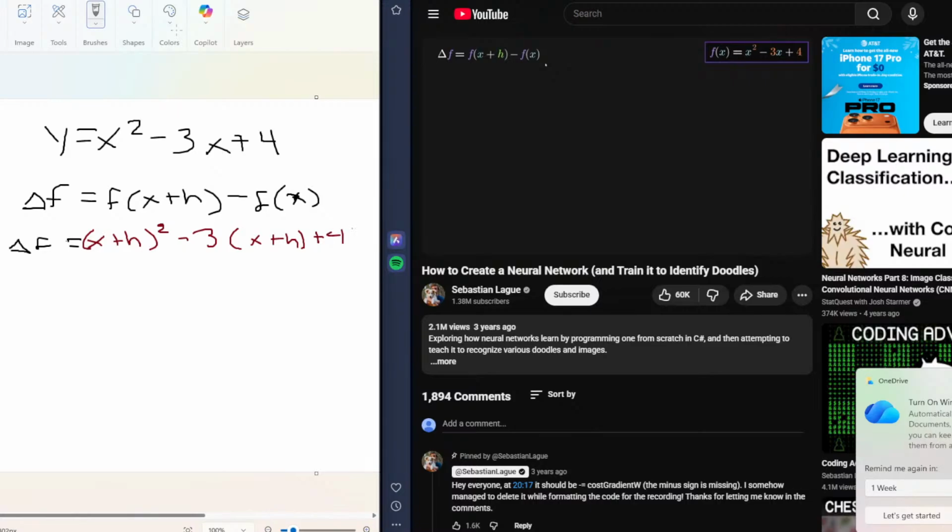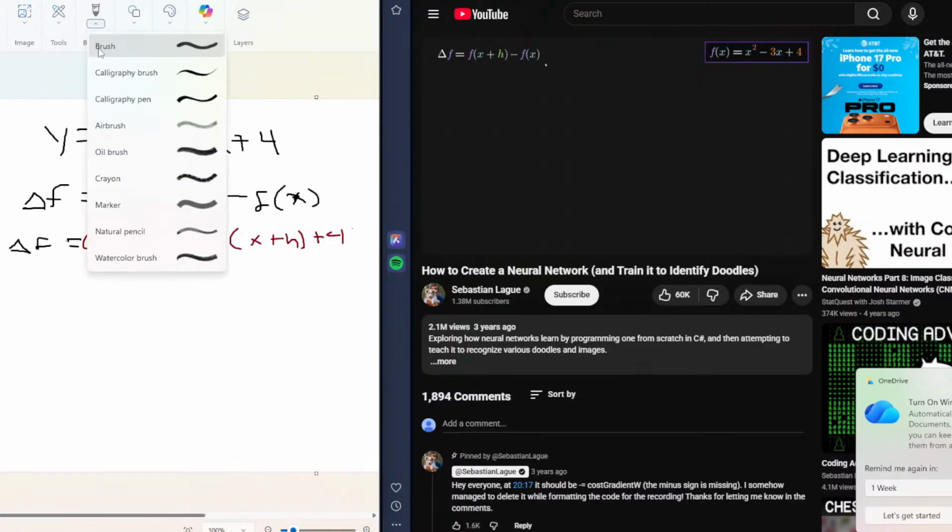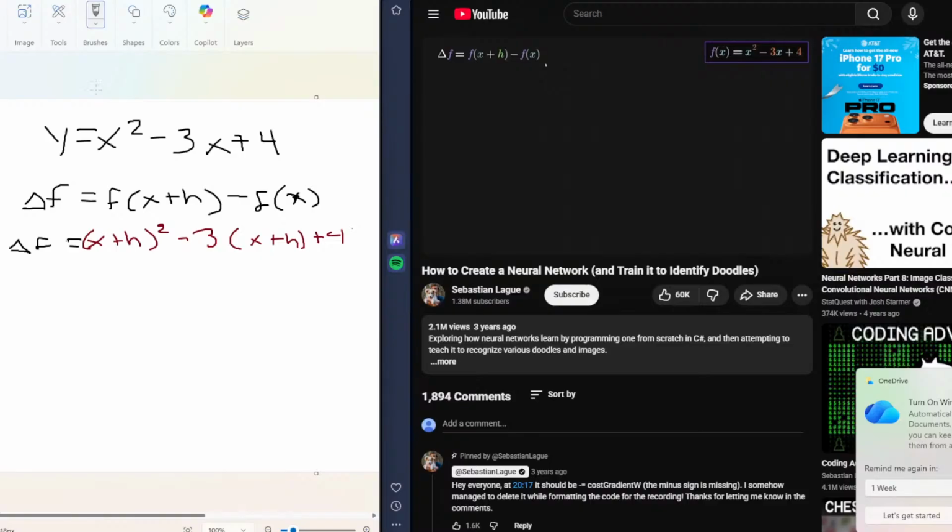And then you take this entire equation and subtract the original equation, which was x squared minus 3x plus 4. Okay.